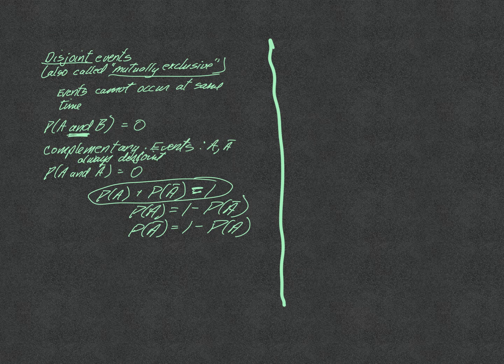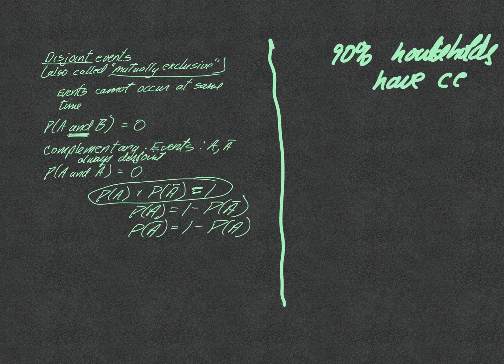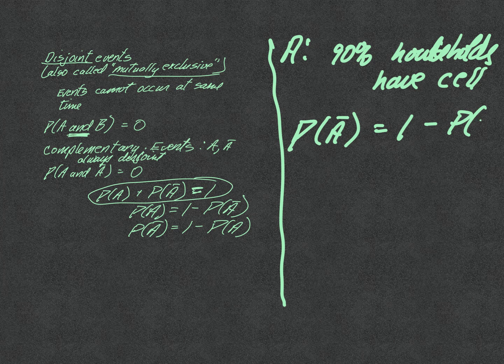If 90% of households have a cell phone, and that's event A, then what's the probability that you'll grow up in a house without a cell phone? Okay. So that's the probability of the complement. Well, that's equal to 1 minus the probability of A.